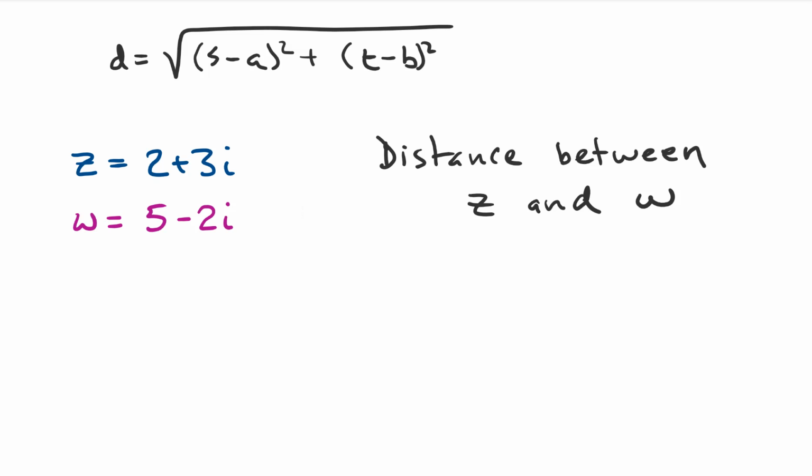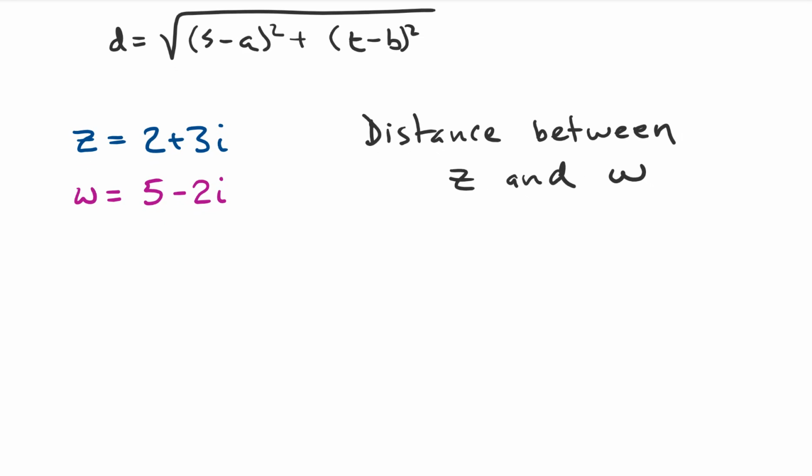But I'd rather do something a little bit different. I think it'd just be easier to do it this way. The distance is just the absolute difference between the two. We're just saying subtract them.